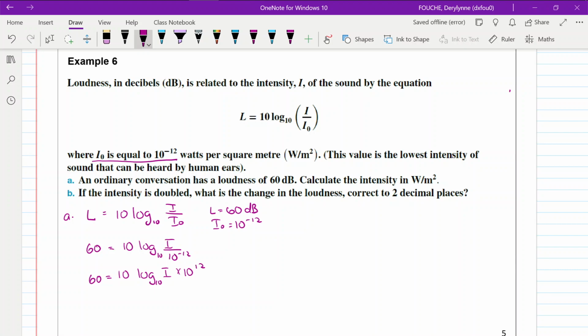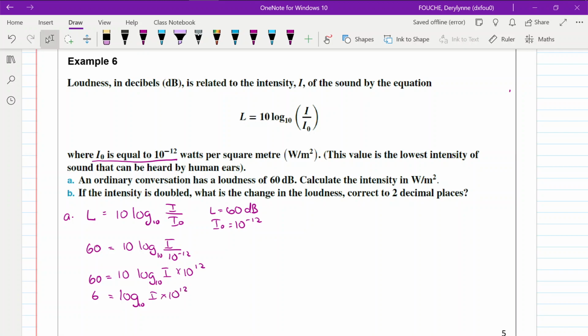Okay, and I can divide both sides here by 10, so I'll have 6 is equal to log base 10 of I times 10 to the 12.